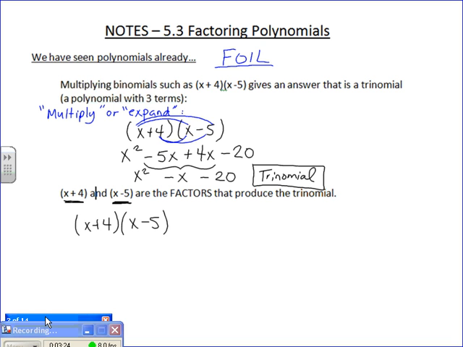That means that they are both factors of my trinomial. There was my final answer, my trinomial. So these are both factors, because factors are things that multiply together to give me an answer or a product. Okay, so these are the two factors of my trinomial.